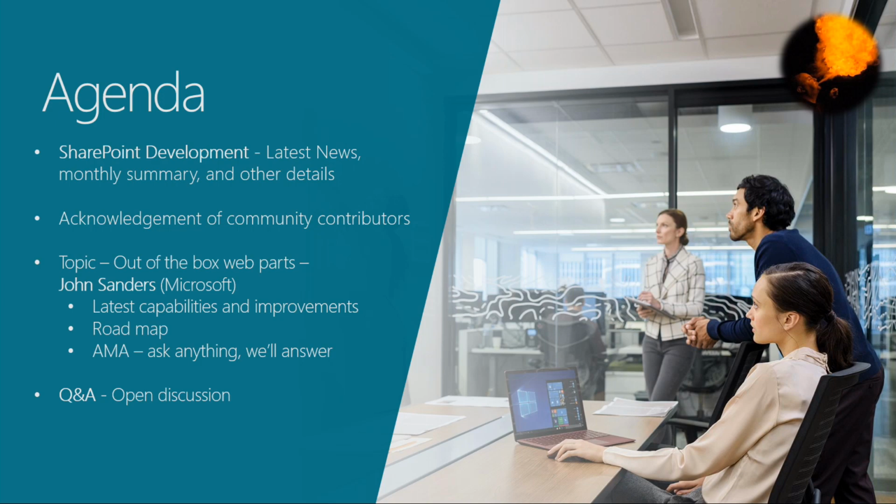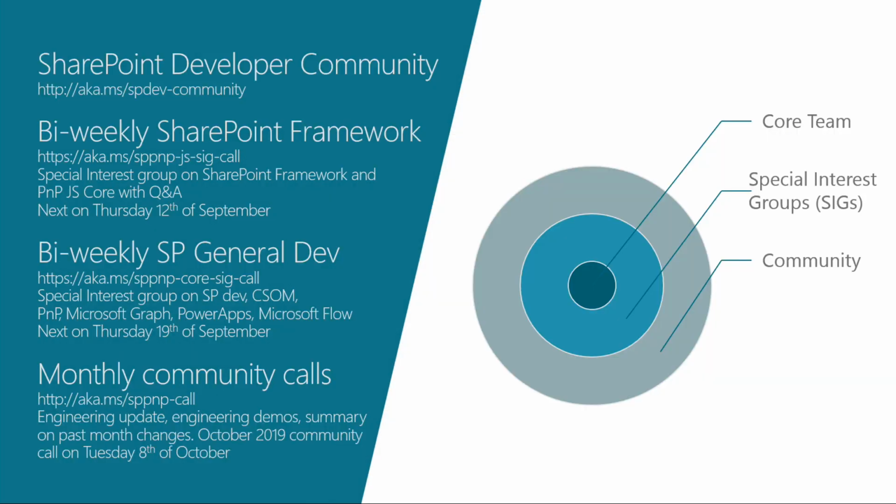Now, a few updates and a recap of how we work within the SharePoint Developer Community. We have different layers of this community. First we have the SharePoint Developer Community channel in the Microsoft Tech Community. This is meant to be the primary channel for asking questions and getting questions answered openly.